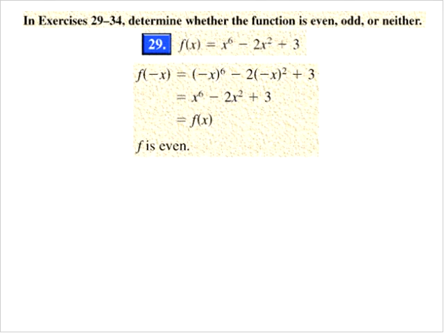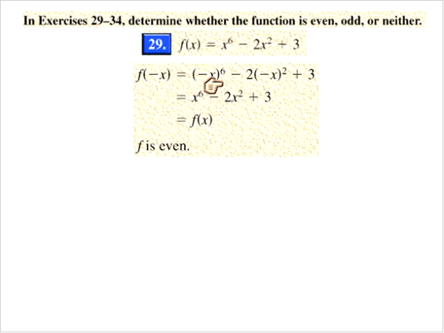All right, the next one, let's determine whether the function is even, odd, or neither. Well, let's start by plugging in negative x into my function and see what I get. So I get negative x to the 6th minus 2 times negative x squared plus 3. So negative x to the 6th, well, a negative number to an even power is positive.